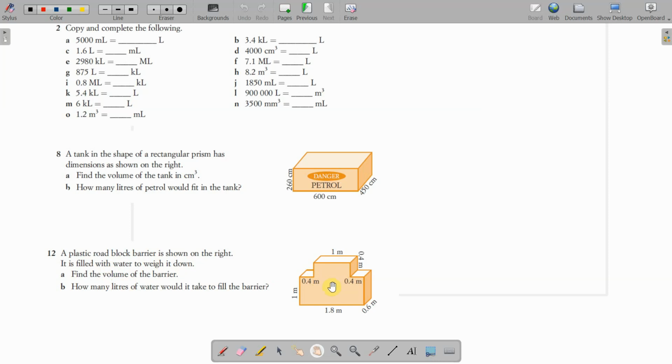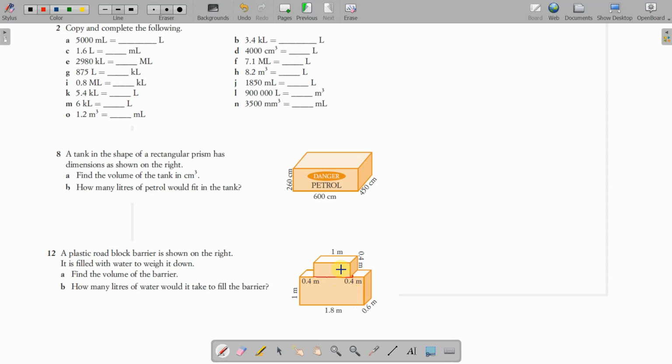This being a compound shape, all you do is divide it into simple shapes. There are three rectangular prisms there. You work out the volume of each part and add them together. I would split it across the top here, and in that case you probably only need 2.